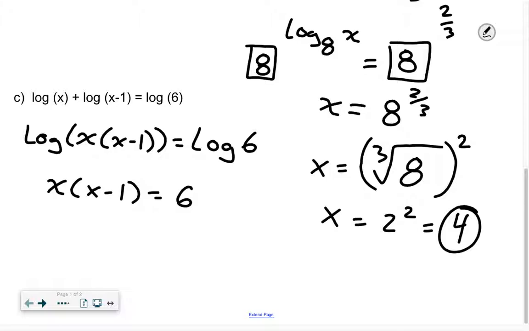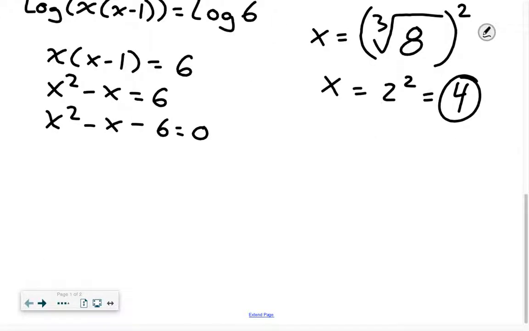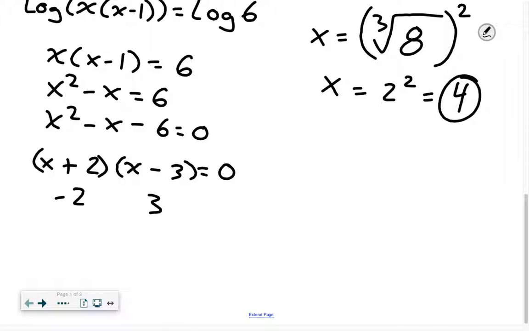That's good. Distribute, set it equal to 0. Factor. And those are the two solutions that I come up with.